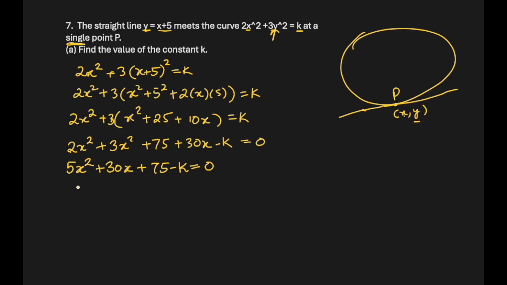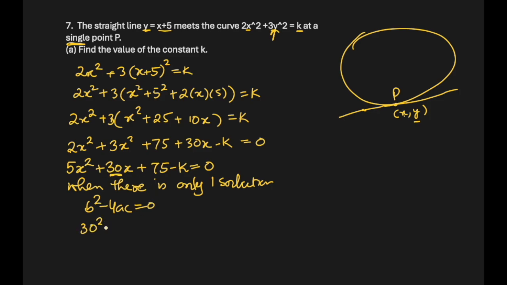And when there is one solution, the discriminant b square minus 4ac will be equal to 0. So b is 30, 30 square minus 4 times 5 times 75 minus k is equal to 0. Alright, and now we'll just open this up.